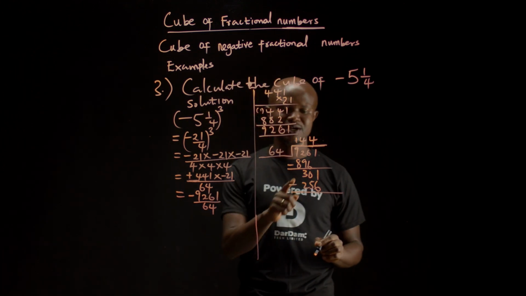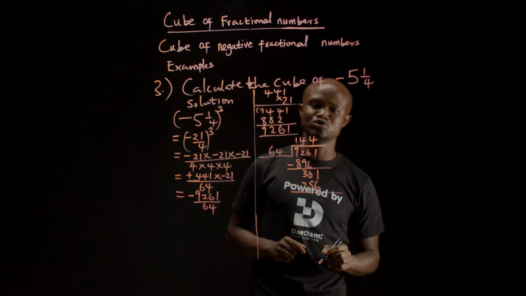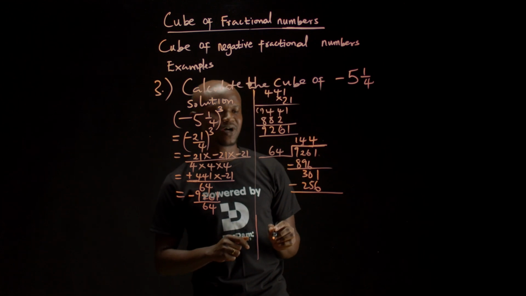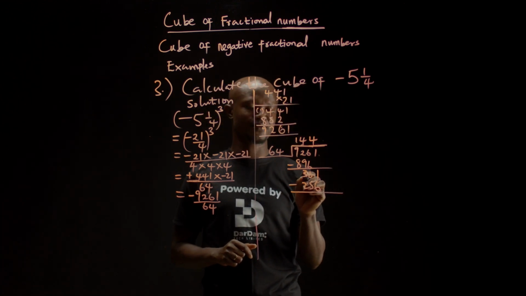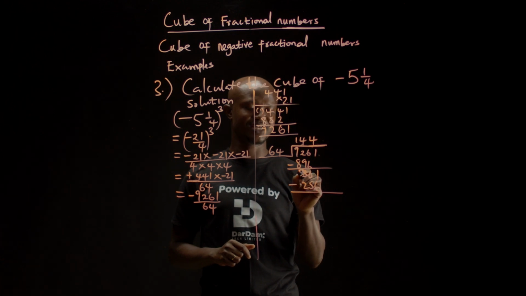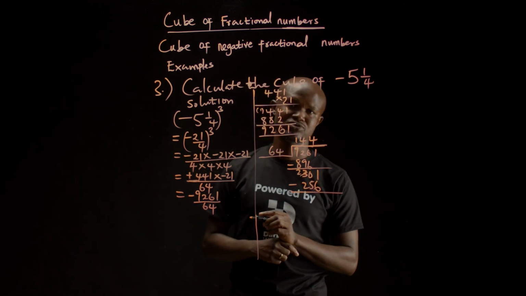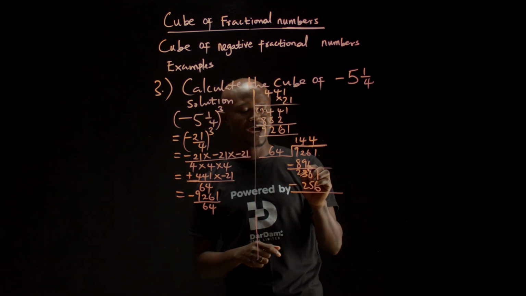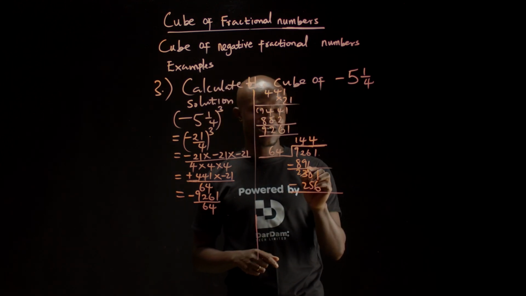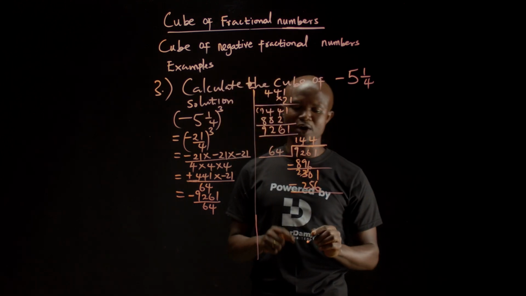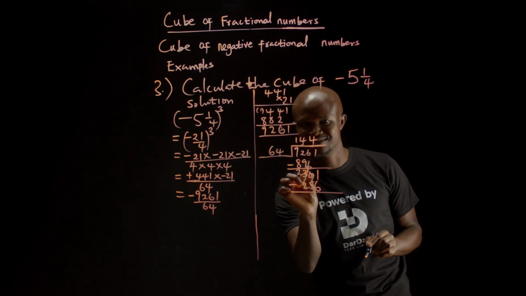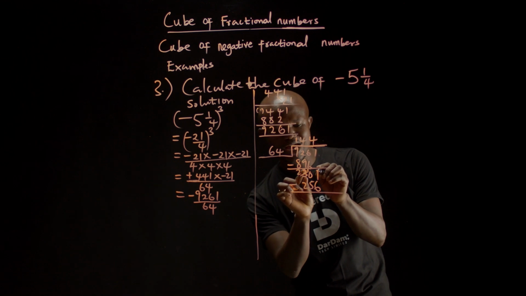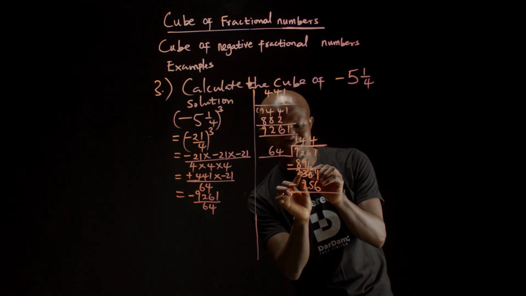We take away 301 minus 256. From here, we need to borrow. Take note. If you borrow from this 3, it remains 2. We carry 1 here. Then when you borrow from this 0 again, which becomes 10, it will remain 9.